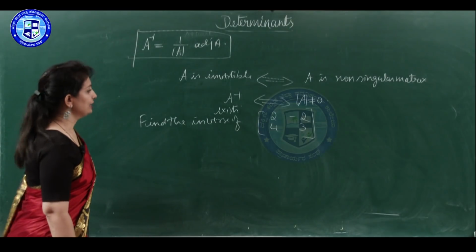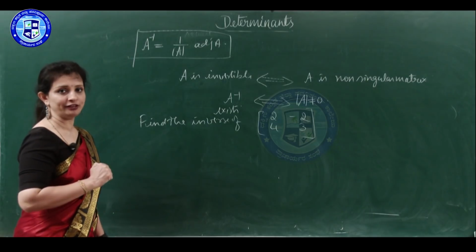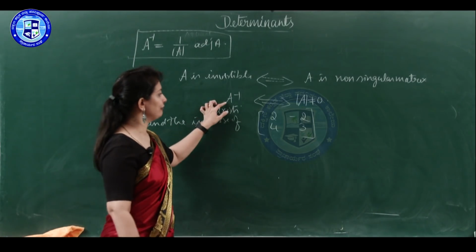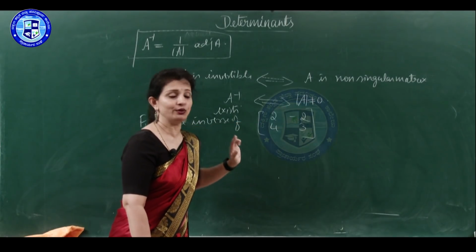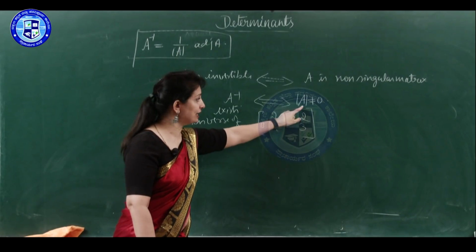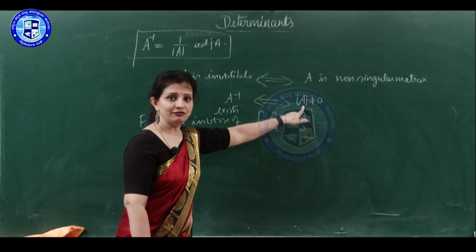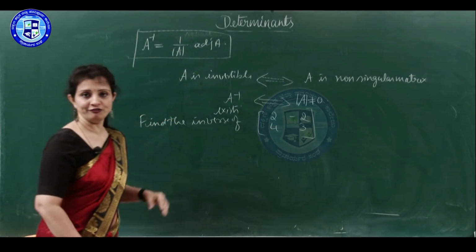Here is a square matrix of order 2, you are asked to find its inverse. When can you say the inverse exists? Only when determinant A is not equal to 0. So, first find the determinant, and if it is not equal to 0, then we can find the inverse.